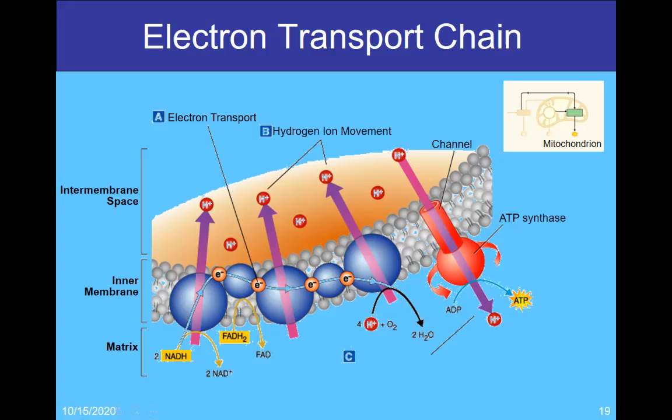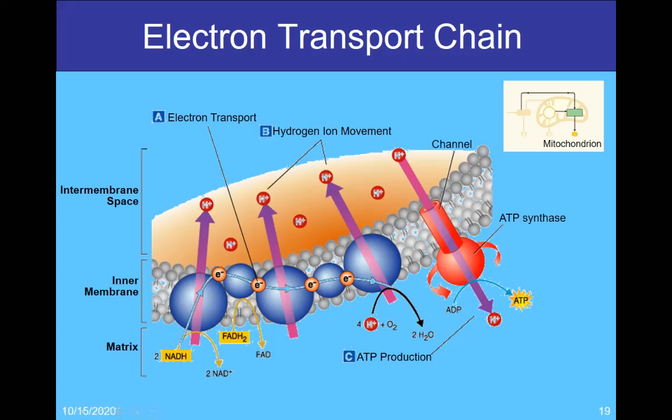When we look at that hydrogen ion movement, it does not want to be hypertonic. It wants to be what? That's right, isotonic. And as such, they're going to look for a pathway back to the other side. That pathway is through the facilitated diffusion tunnel or channel protein, ATP synthase, which turns like a turbine and converts our ADP into ATP.